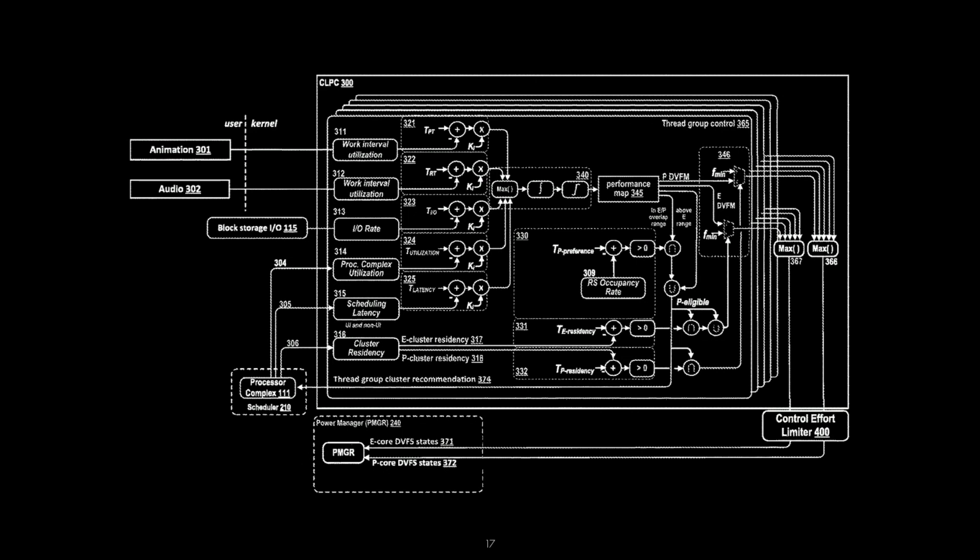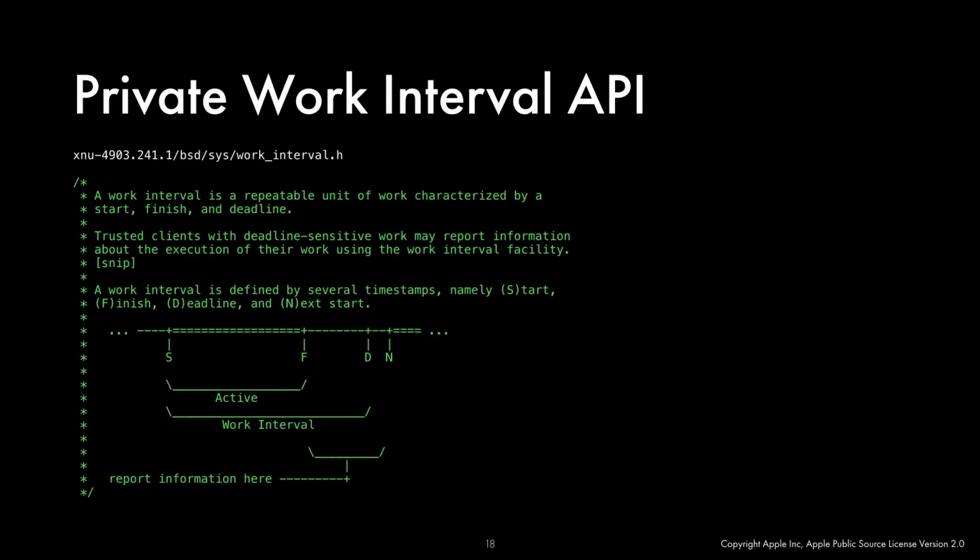There is one particularly interesting part of this diagram for us, and that's in the upper left-hand corner here. There's this thing in userland, audio is mentioned here, that plugs into work interval utilization, which then goes into a bunch of other stuff. So what is this work interval utilization? If you Google around, you will stumble across some private code in the XNU kernel.